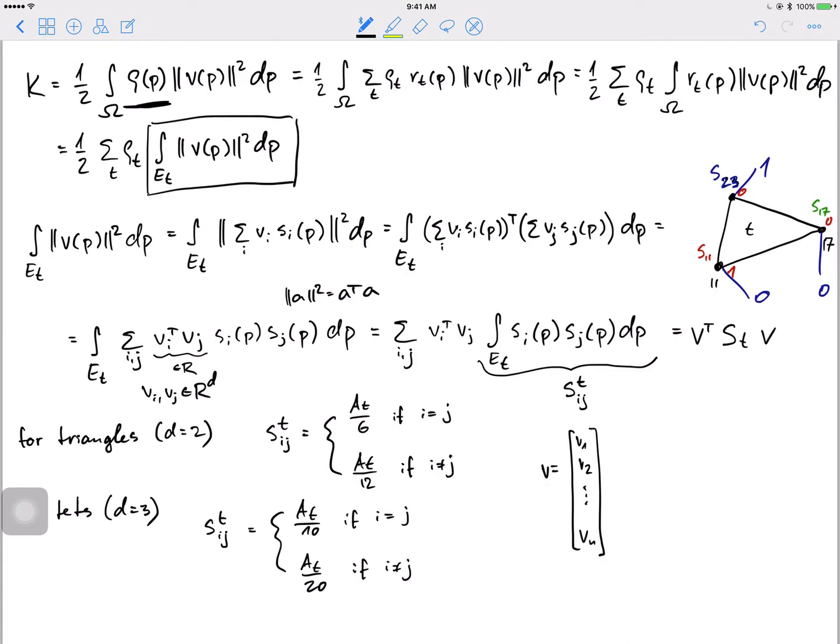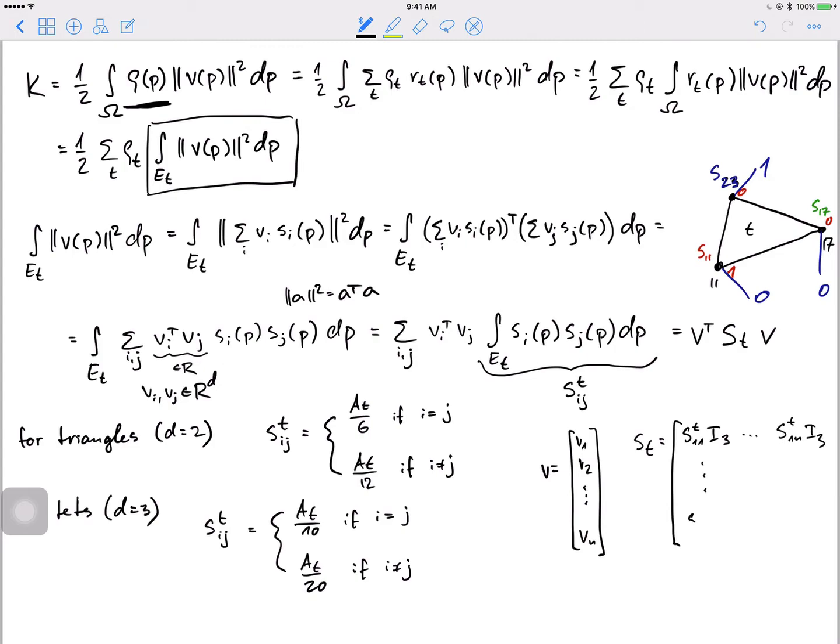Okay, and what is in the matrix S_T? The matrix S_T is going to be exactly this. This will be S_T11 times I3, where I3 is a 3 by 3 identity. This would go all the way up to S_T1N I3.